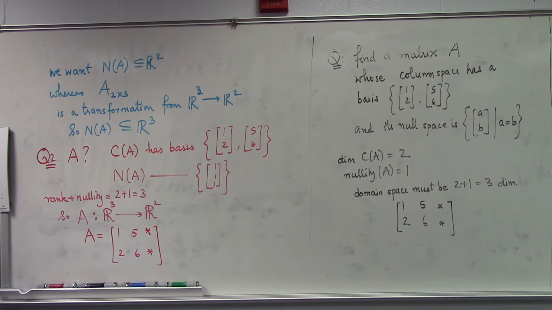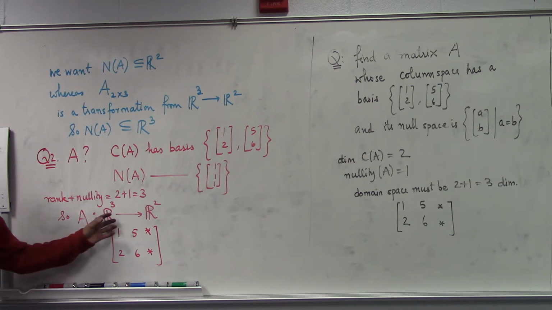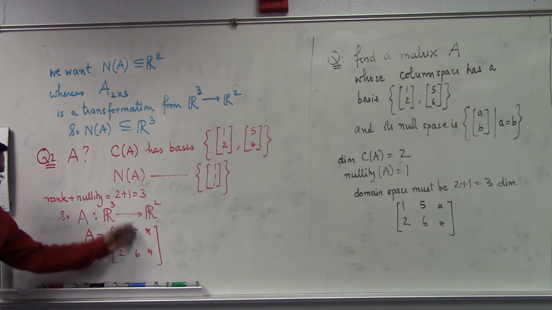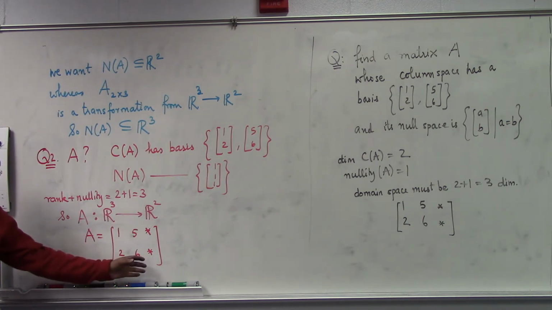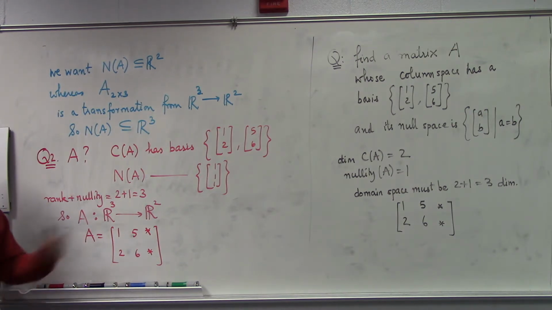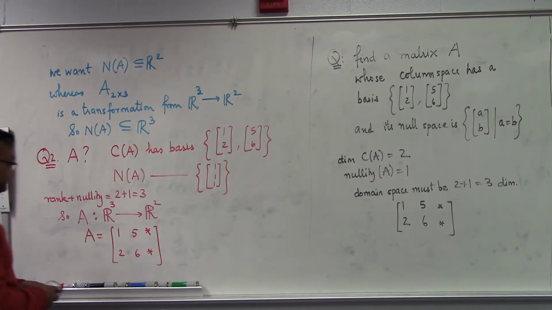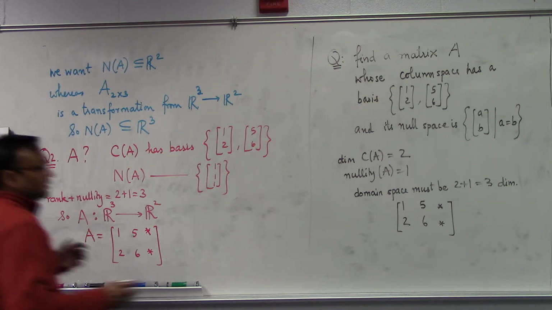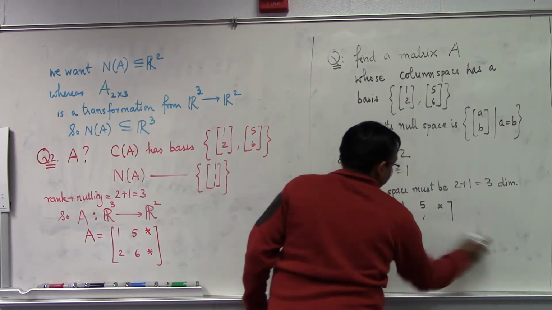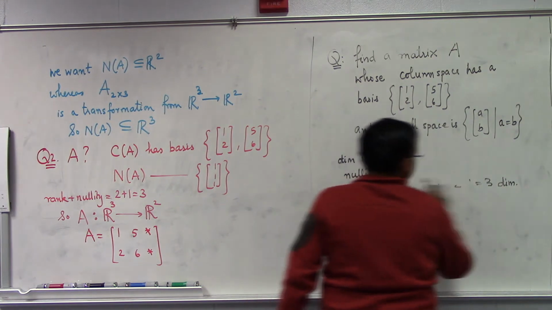Well, if you think a little bit, all we are saying is that if you take the first column multiplied by 1, the second column multiplied by 1, then choose a third column multiplied by 1 so that you end up getting a (0, 0) vector. So if you look at it this way, life becomes fairly straightforward.